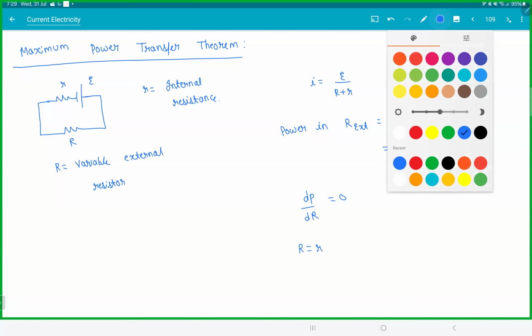When the external resistance is equal to the internal resistance, you get maximum power. When R is equal to small r, we get max power in the external resistance.